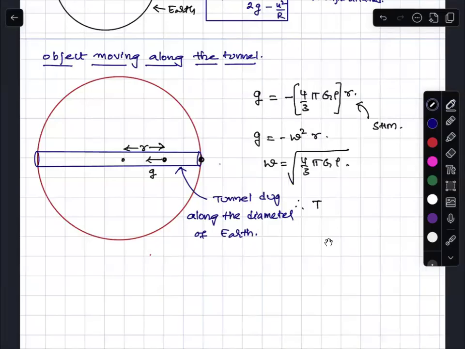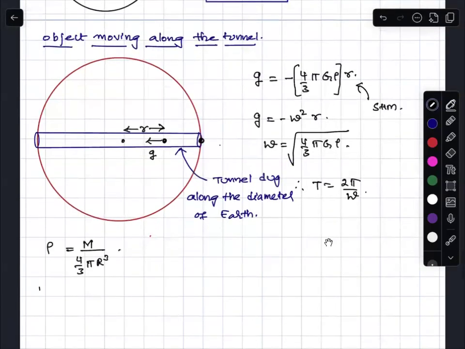Therefore time period is 2 pi by omega. And now, rho is nothing but mass by volume, M by 4 by 3 pi R cube. Now, 4 by 3 pi G rho can be written as GM by R cube.